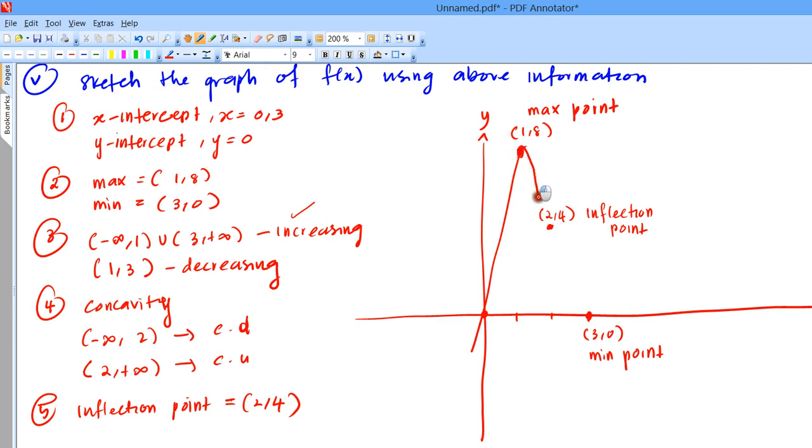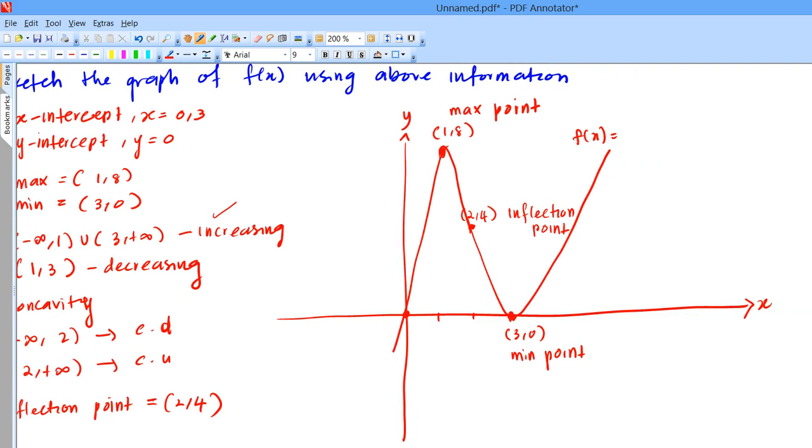Okay, like this. And then you label this f x equal to 2x cubed minus 12x squared plus 16x.